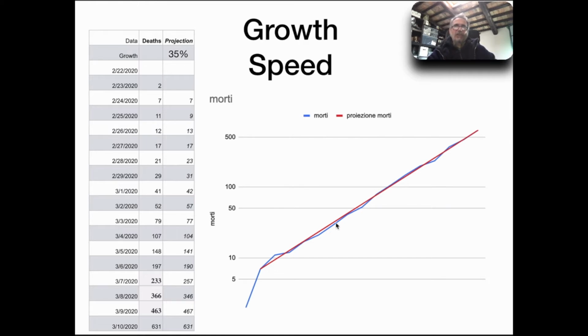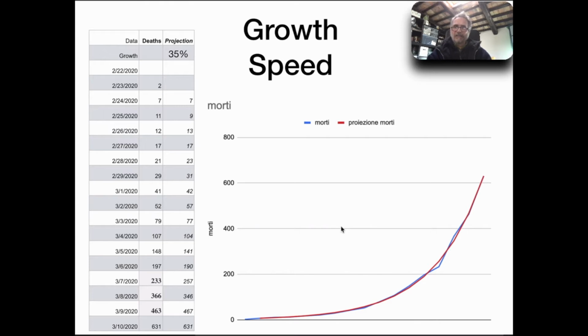And in fact, we can try to predict where this is going by making a model. If we start with 7 people dead on the 24th of February, and yes, we are discounting the first number, it's common in exponential growth that the first numbers are quite imprecise, and then we increase by 35% each day, you can see how closely it is tracking it.